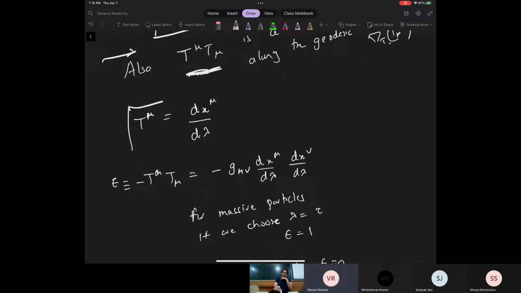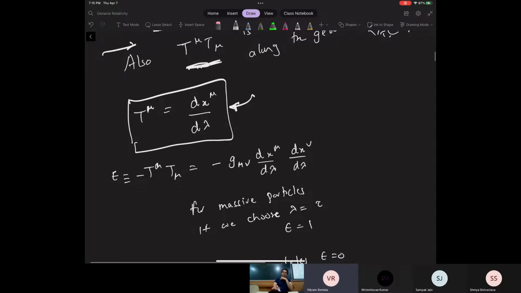If the tangent to the geodesic in components is dx mu d lambda, these are the components of the tangent vector. So what is t mu? Well, let's define minus t mu as this epsilon. So this is minus g mu nu dx mu d lambda dx nu d lambda.